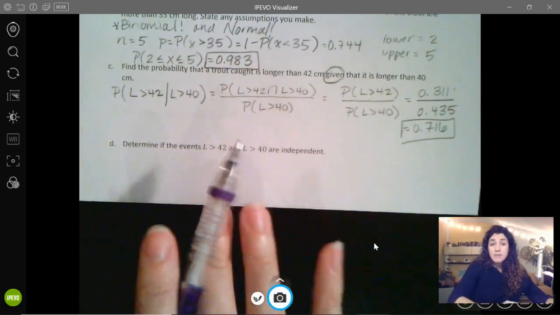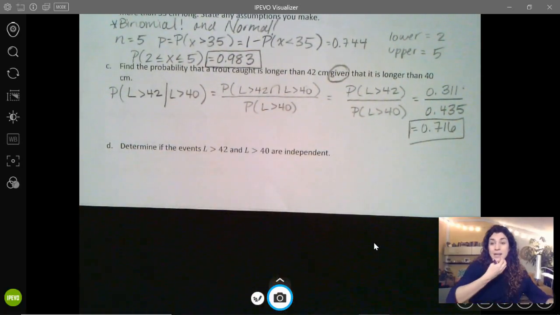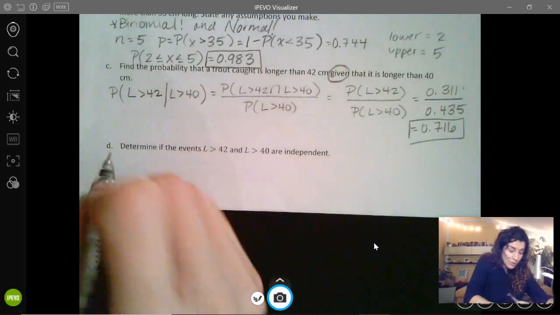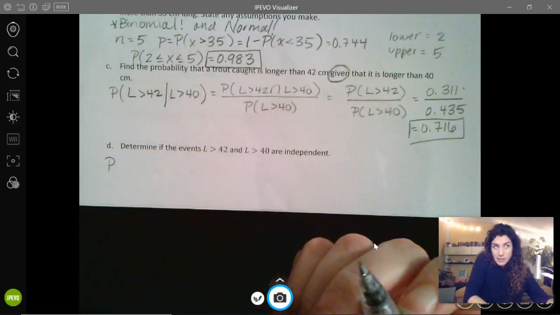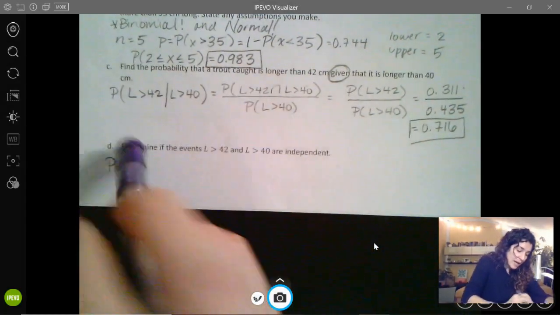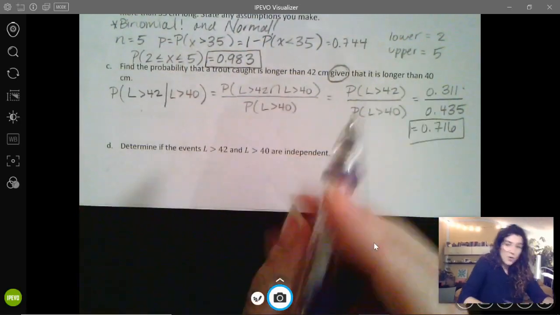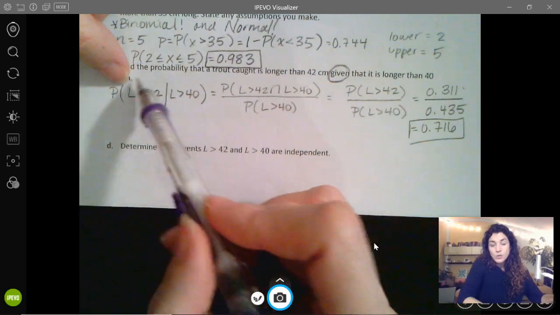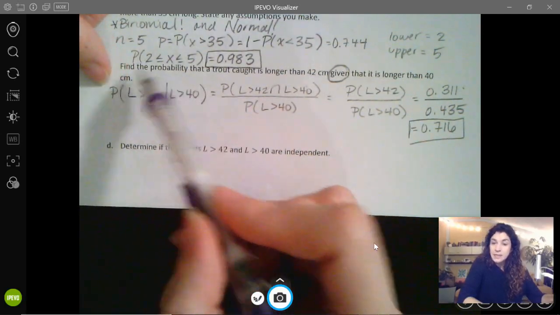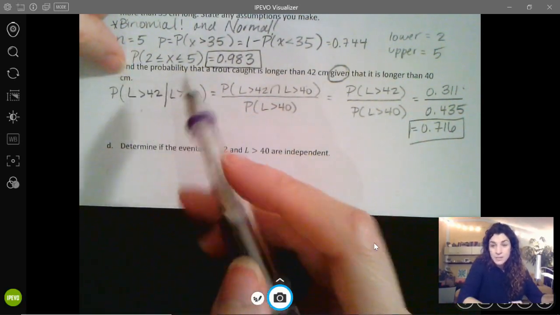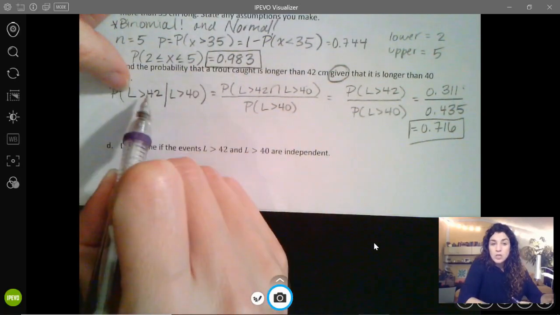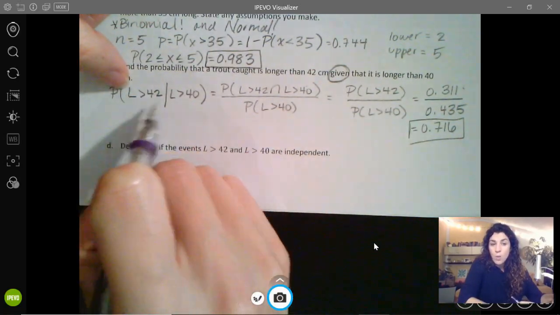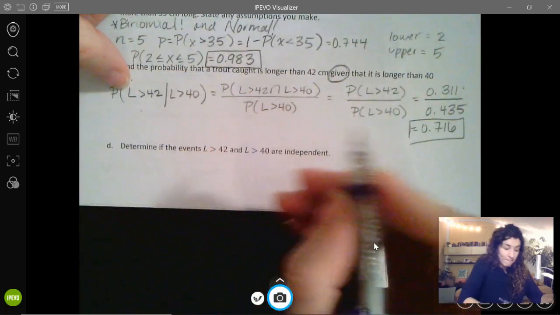It says determine if the events that these are greater than are independent. And we know that we have a formula to determine that. We have 2, and one of them deals with conditional probability. If it's independent, conditional probability is just equal to the first probability. This probability right here, if they were independent, would just be equal to what this is right here.